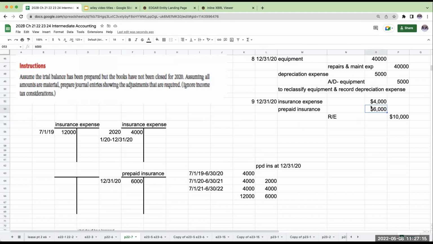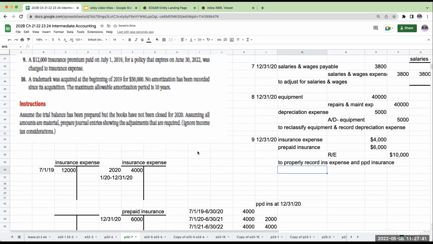Right over here, I've got 6,000 worth of insurance left. My assets have to reflect their future economic benefit. Also, my expenses have to reflect what we have used. So again, that's how we would go through and show this to properly record insurance expense and prepaid insurance. So that's what I would do for number 9.